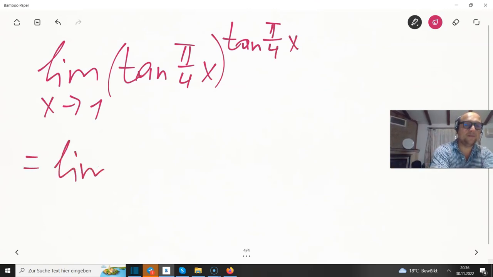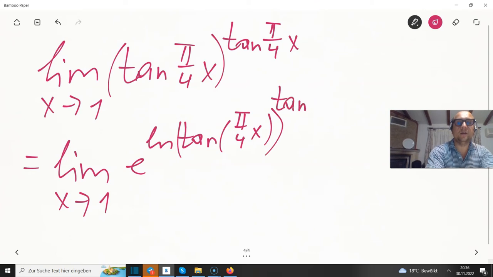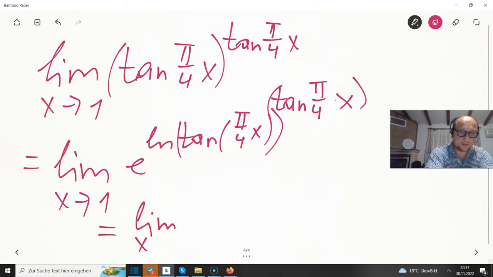We got the limit x towards 1, once again e to the power of ln of tangent pi divided by 4x to the power of tangent pi divided by 4 times x. Again, we can kick it down.